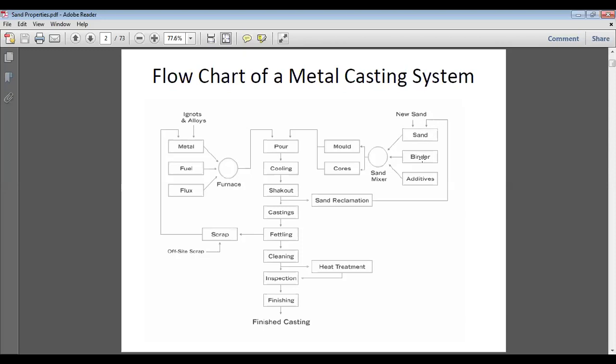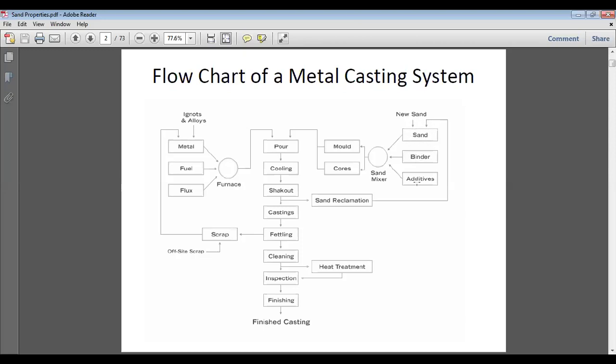This binder provides stickiness to the sand, and this way a wet combination of sand and binder is made for giving stickiness properties and for making sand wet, so that it is capable of taking any shape.